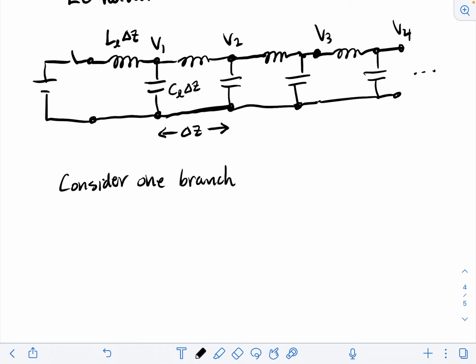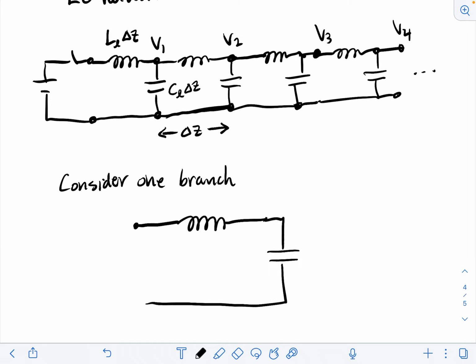It's going to look like we have our inductor and we have our capacitor. And over here, we're going to have a voltage at the left side at, say, position Z and time t.